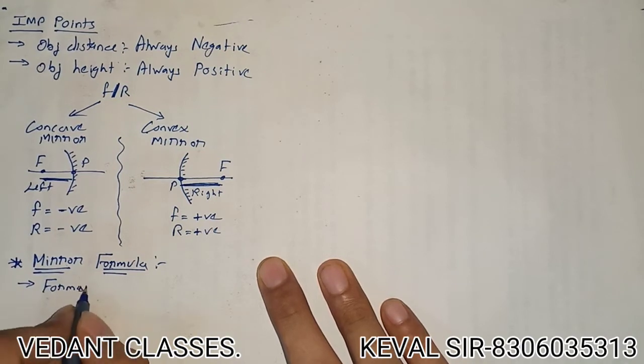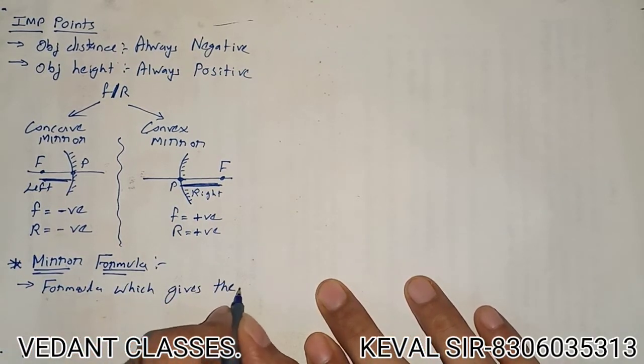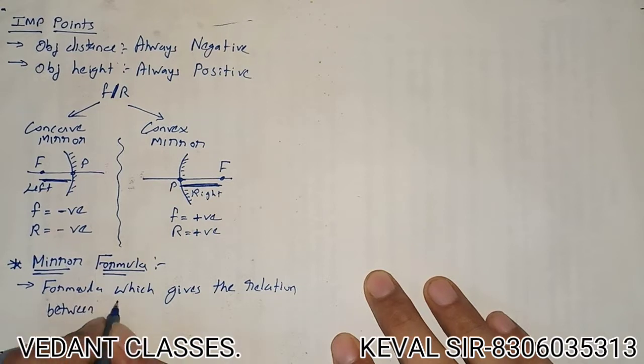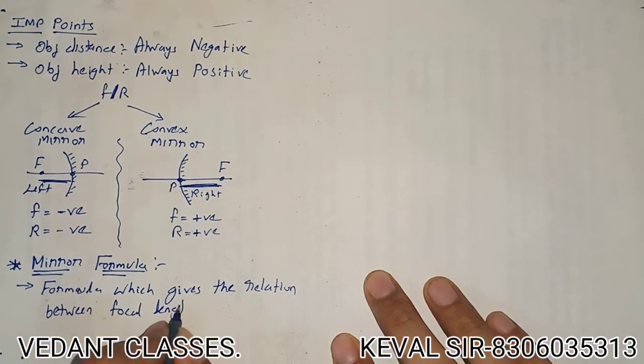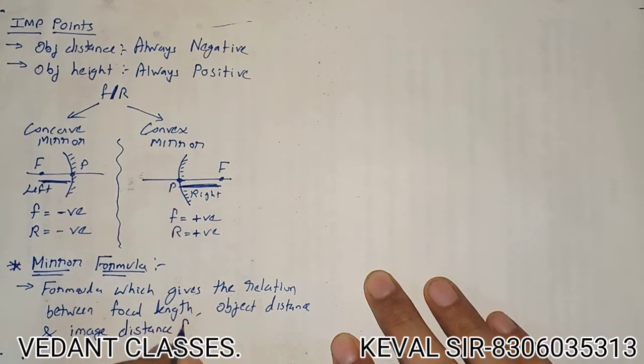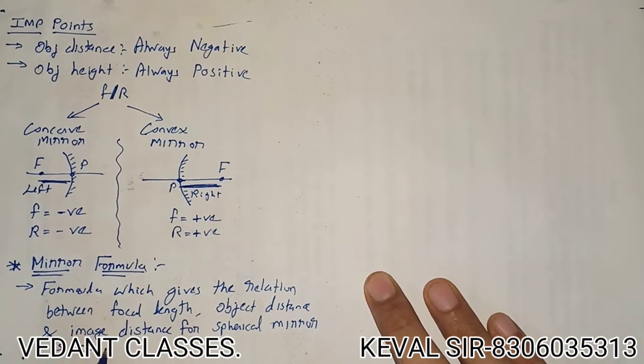The formula which gives the relation between focal length, object distance and image distance for spherical mirrors is called the mirror formula.